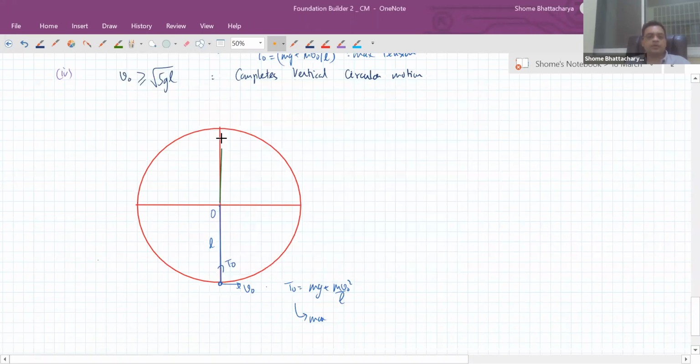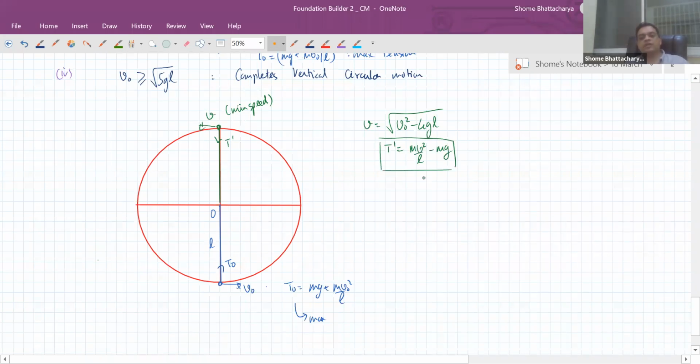And when it reaches the highest point, it will have a speed. This will be the minimum speed during the entire motion. So that V will be equal to root of V naught square minus 4gL. So now this tension T prime will be equal to mV square by L minus mg.